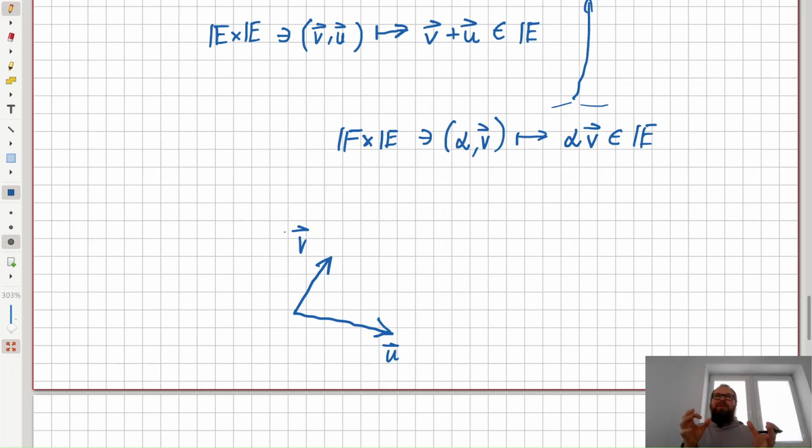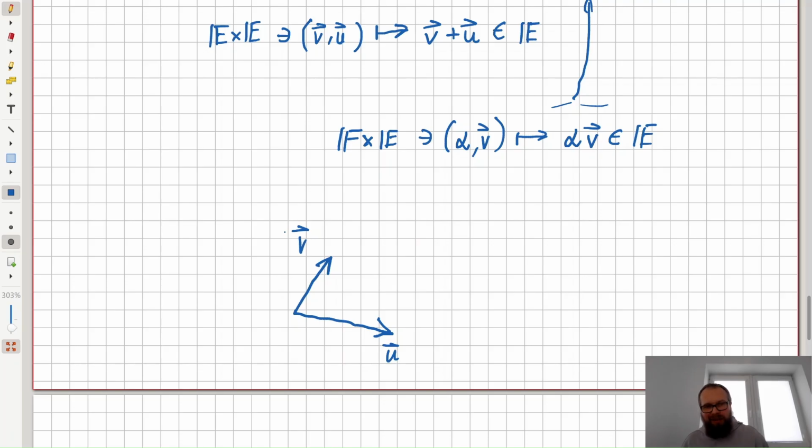So we have to now define what we mean by multiplication by scalar and by addition. Multiplication by scalar is basically scaling your vector. This is how you would define it. If you multiply v by a number greater than 1, we have to proportionally stretch it.